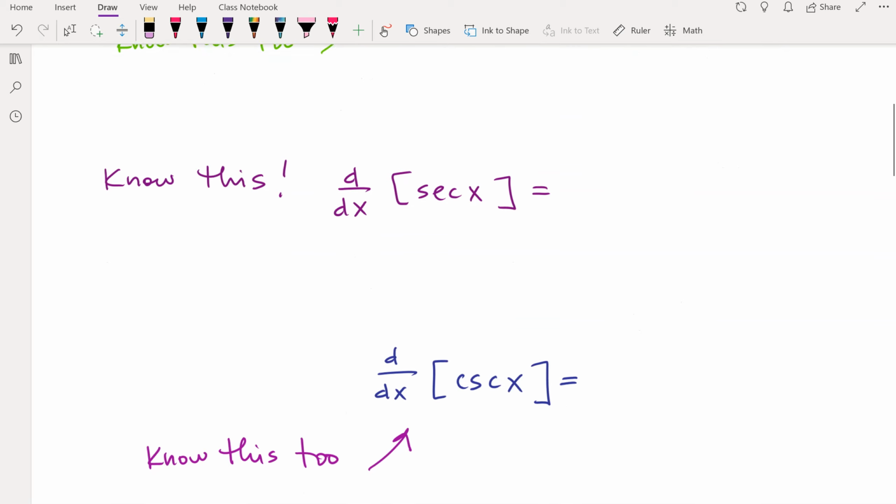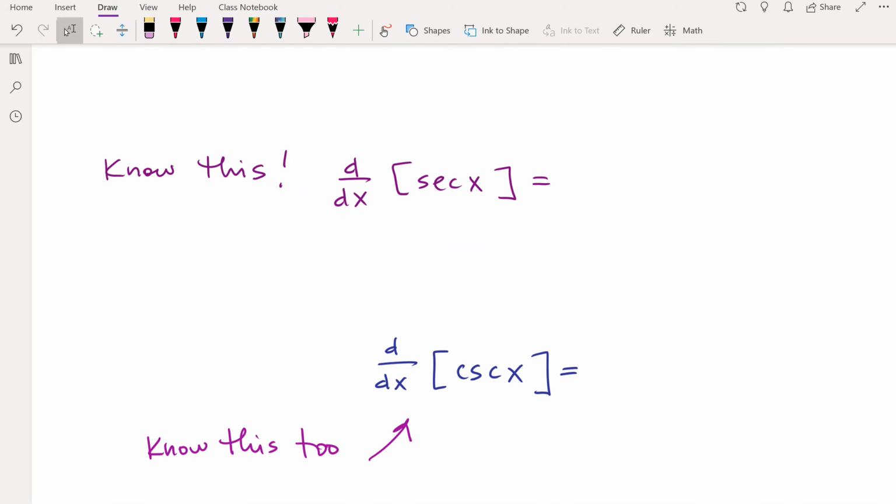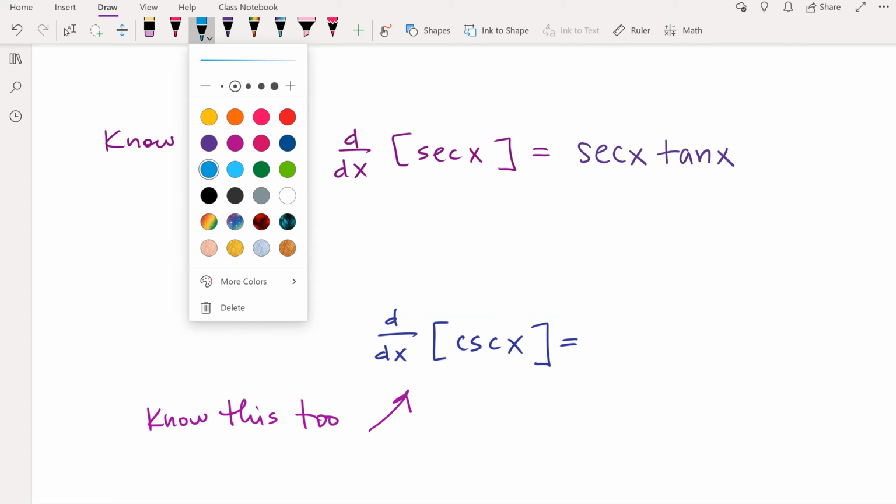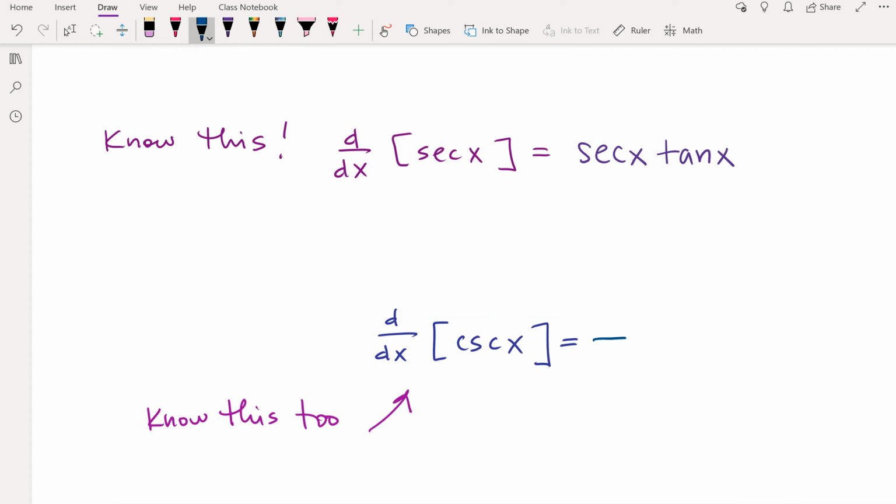Let's move on and go to the derivative of secant and cosecant. The derivative of secant x is secant x tangent x. So it's actually two trig functions multiplied. And then the derivative of cosecant x, it's a co, so we know the derivative is going to be negative, and it's related to the derivative of secant.